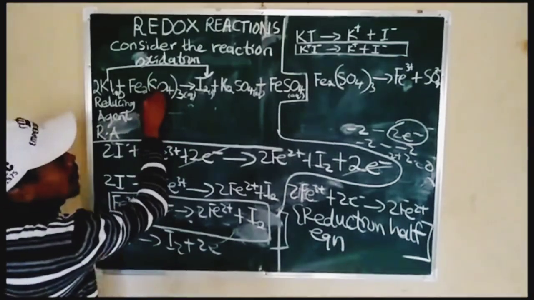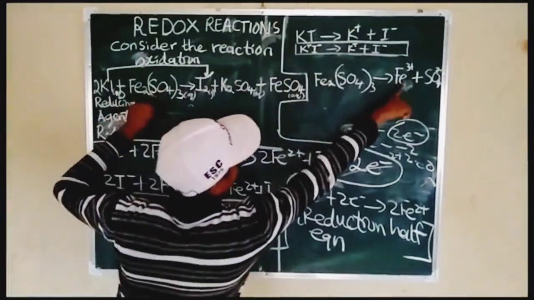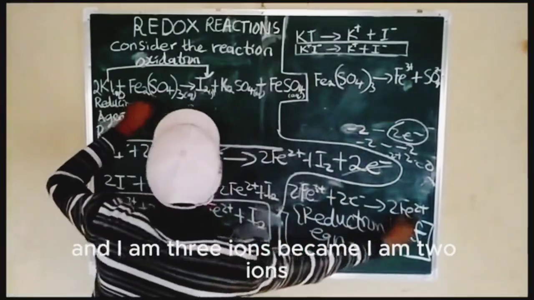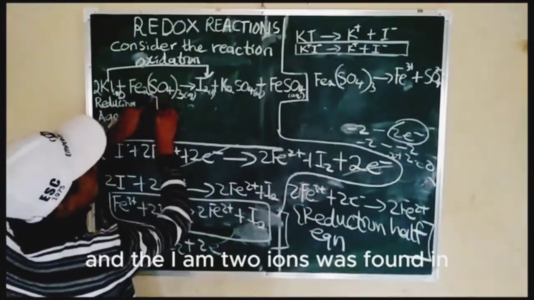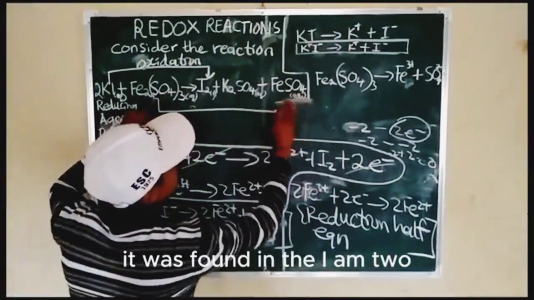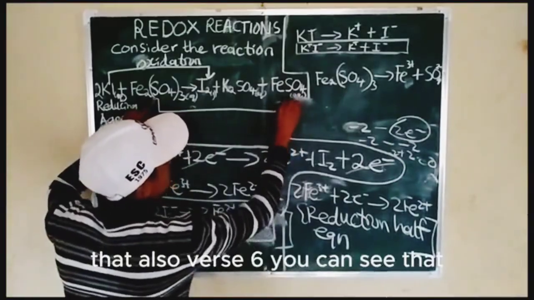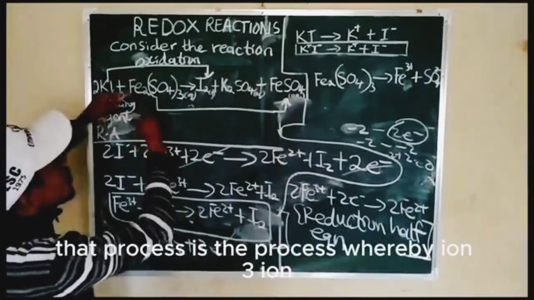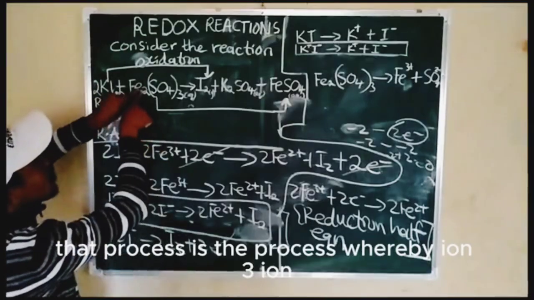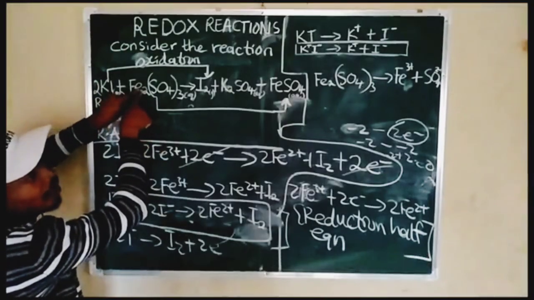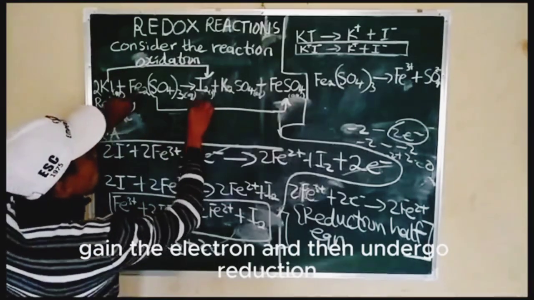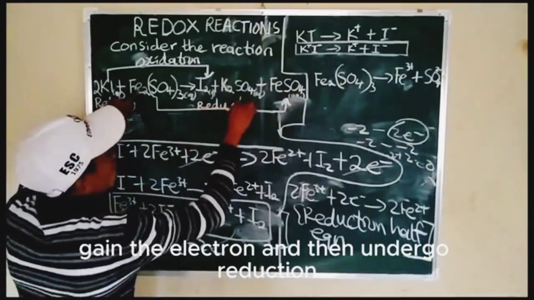And this substance, which contained Fe³⁺ ions, the Fe³⁺ ions became Fe²⁺ ions, and the Fe²⁺ ions were found in Fe₃O₄. You can see that that process is the process whereby Fe³⁺ ions gain electron and then undergo reduction.